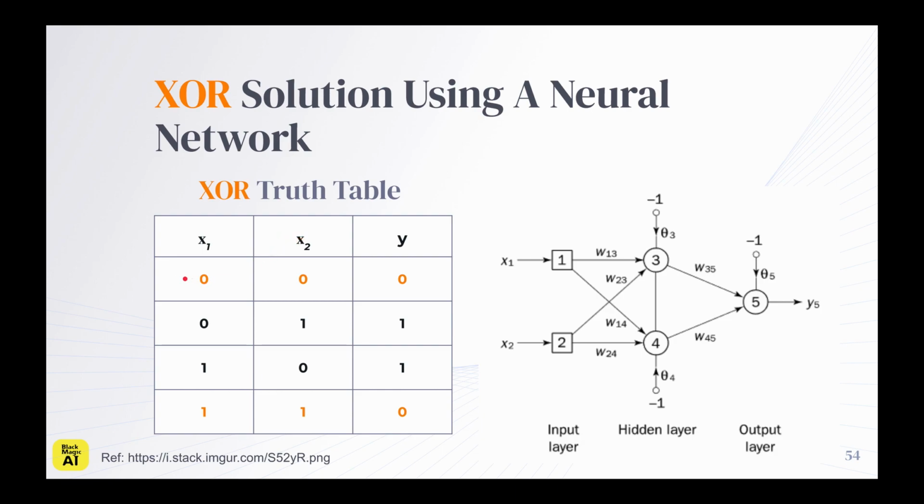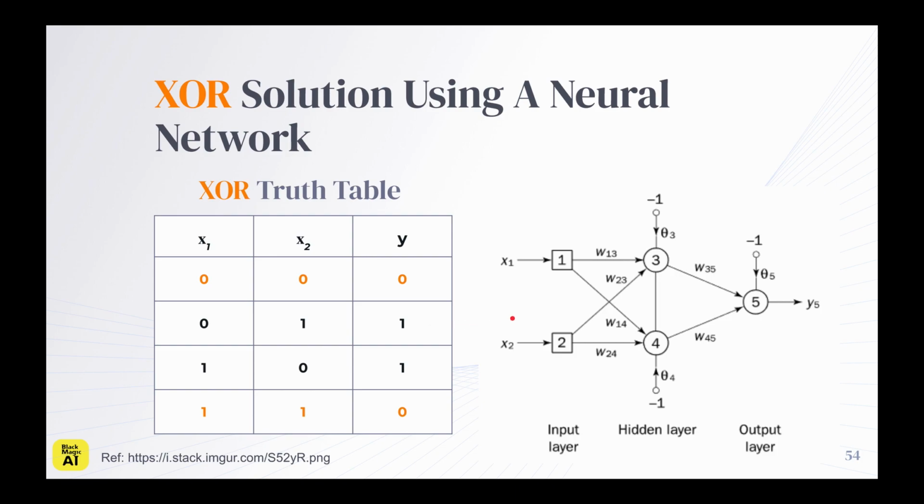Each row represents data in our data set. So for example, in the first row, if we have two zeros in our inputs, we're expecting a 0 for the output. And if we have a 0 in the x sub 1 column and a 1 in the x sub 2 column, then we expect a 1. This is the data set for our exclusive OR function that we will use to train our neural network model.